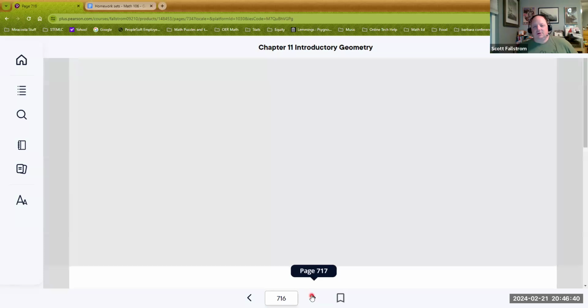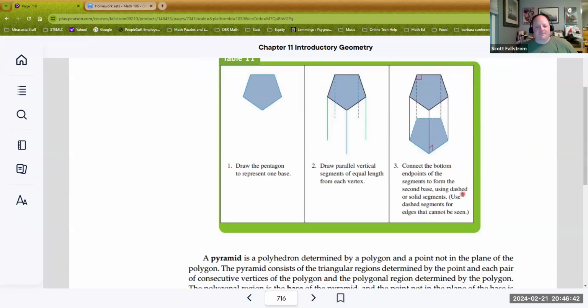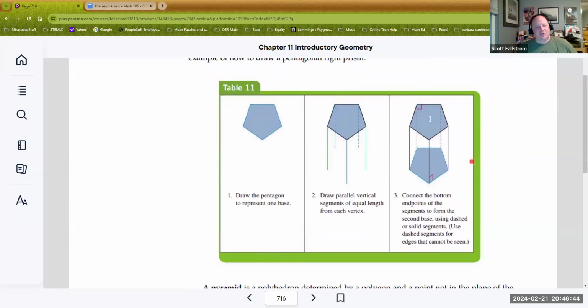Next up, they do give you a little description if you want to say, how can I draw shapes like this? They recommend doing it this way. I suppose there's nothing wrong with that. You can create your shape, whatever shape you have, first. And then they say create line segments that are equal length.